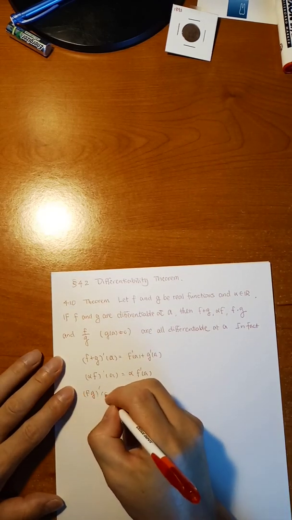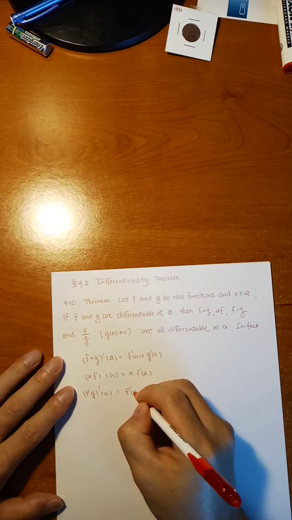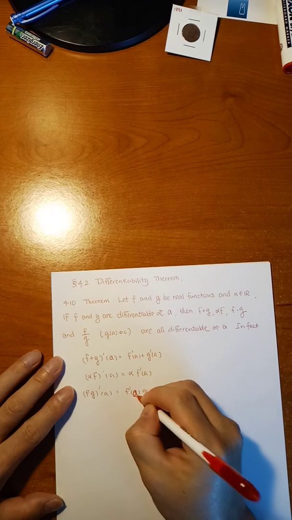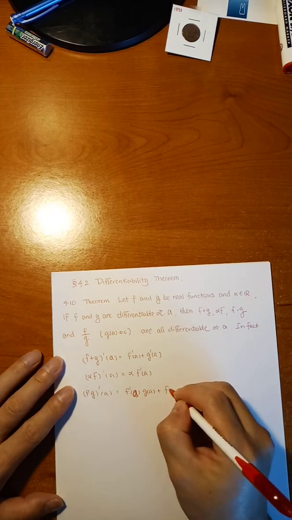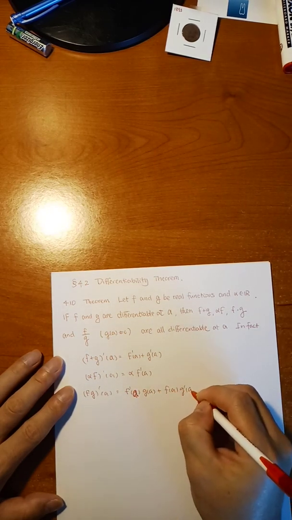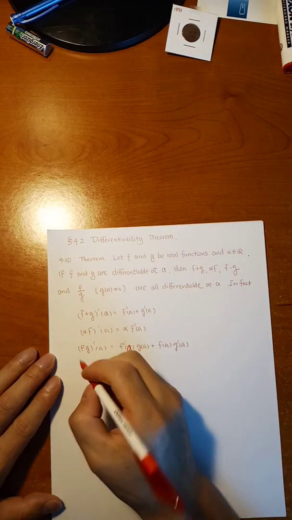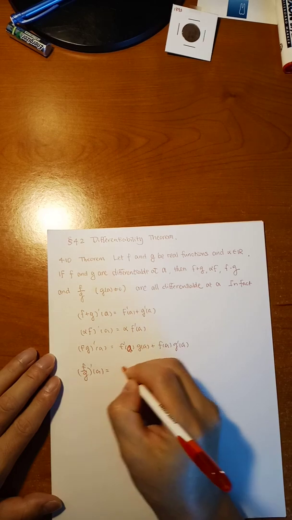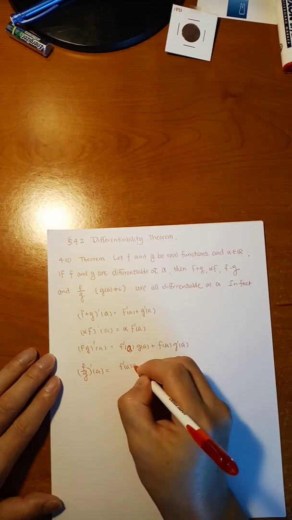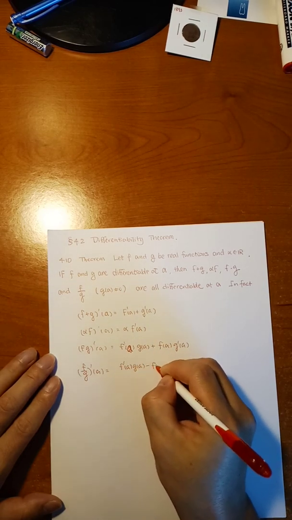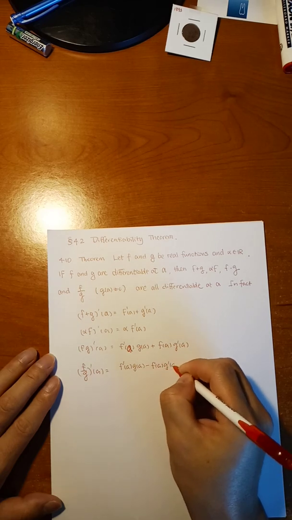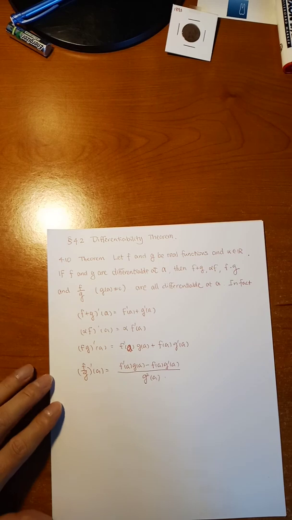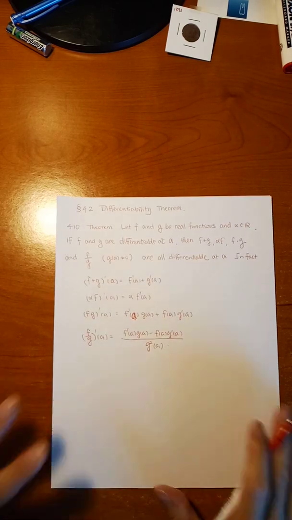The product rule is f prime of a times g of a plus f of a times g prime of a. And f over g prime of a is f prime of a g of a minus f of a g prime of a, over g square of a. Okay, so the routine rules.